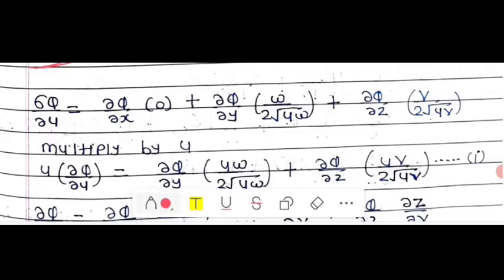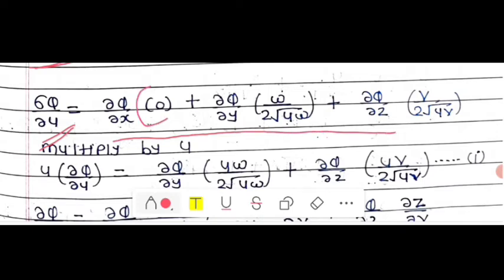So we get ∂phi/∂u is equal to ∂phi/∂x into 0, which is the derivative ∂x/∂u, plus ∂phi/∂y into ∂y/∂u, and plus ∂phi/∂z into ∂z/∂u.